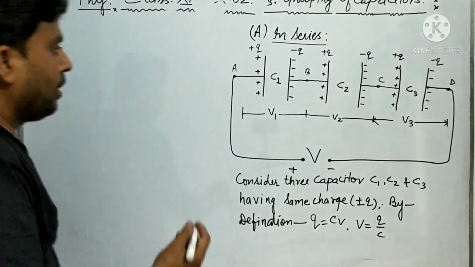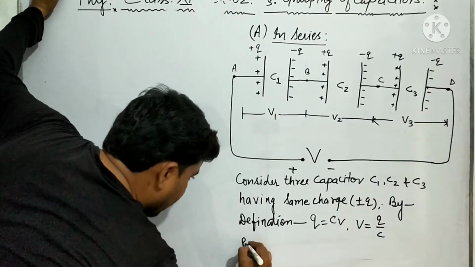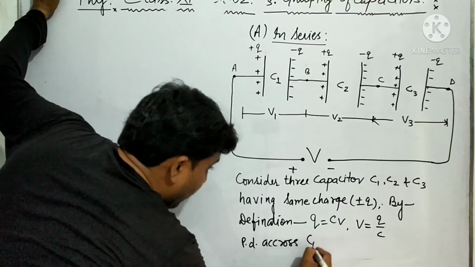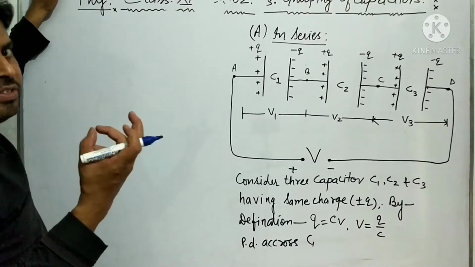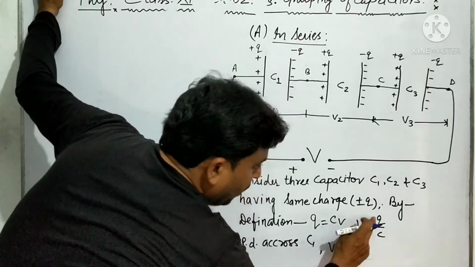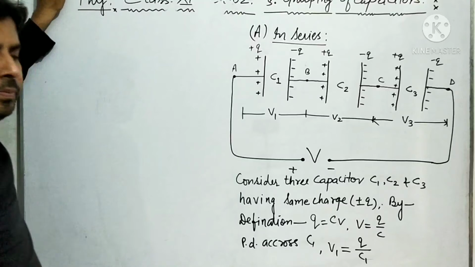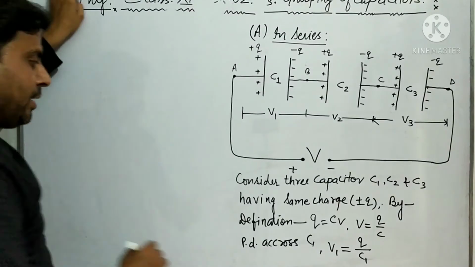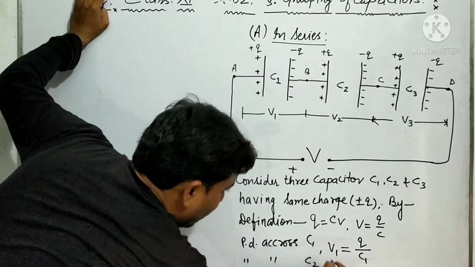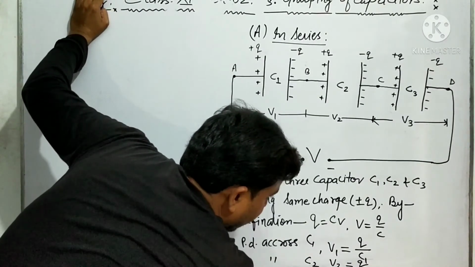So first of all, the potential difference across C1, in first capacitor. How much will the potential of first capacitor be? V1 equal to Q over C1, Q remains same. Is it clear? Similarly, potential difference across C2, that will be V2 equal to Q over C2.